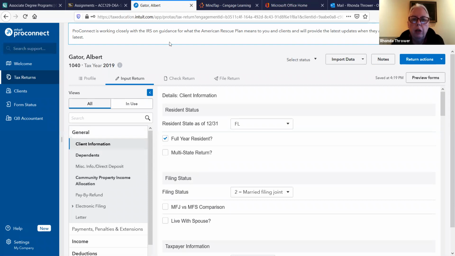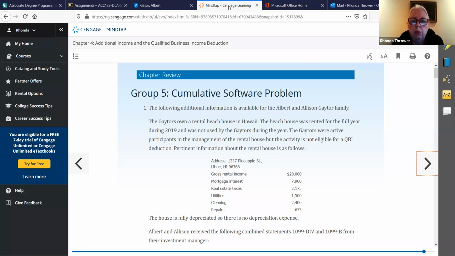We also want to make sure that we have the instructions pulled up. So you should be able to see the cumulative software instructions. And the following information is available for the Albert and Allison Gator family. The Gators own a beach house in Hawaii.